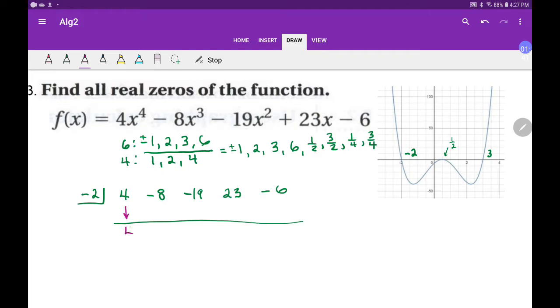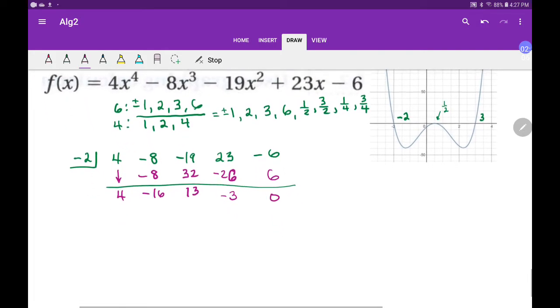The 4 comes down. 4 times -2 is -8, plus -8 is -16, times -2 is 32, plus -19 is 13. 13 times -2 is -26, plus 23 is -3, times -2 is +6, and I get a 0, as I had hoped.